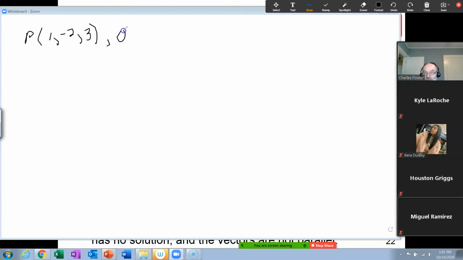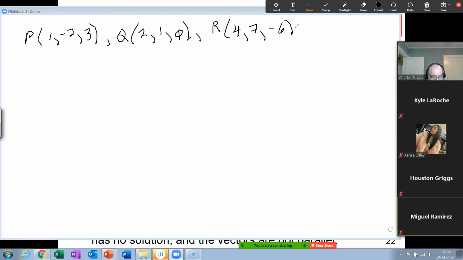Point Q has coordinates of (2, 1, 0). Parentheses. Okay. Point R has components (4, 7, -6). Okay.